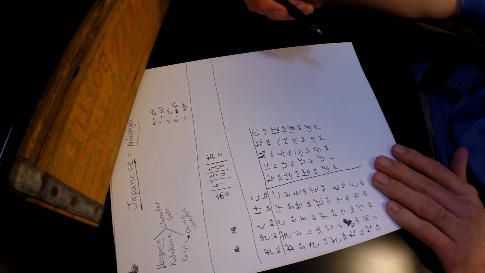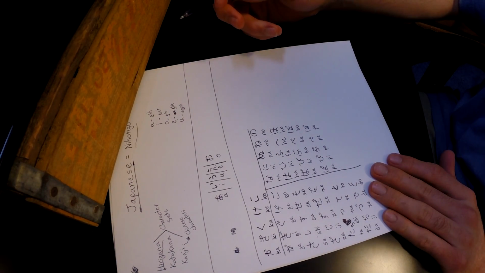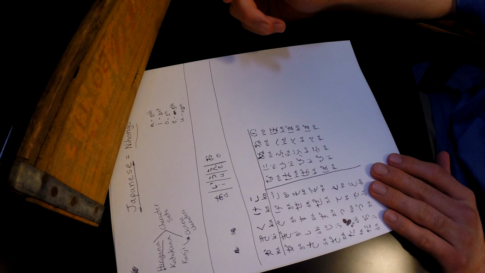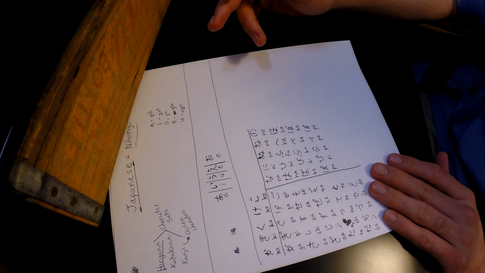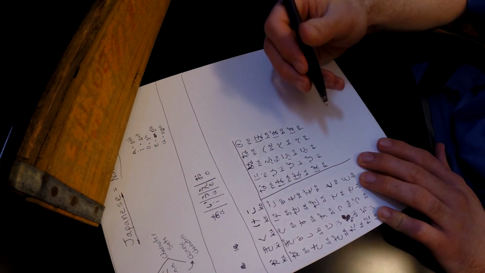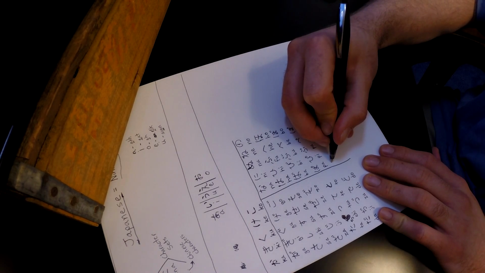Now, let's move on. We're starting to get in some characters that skip some of the columns for one reason or another. I don't know why.